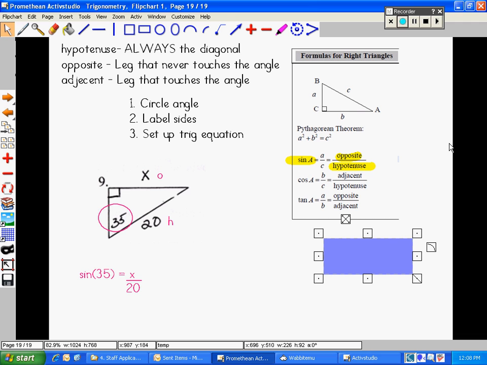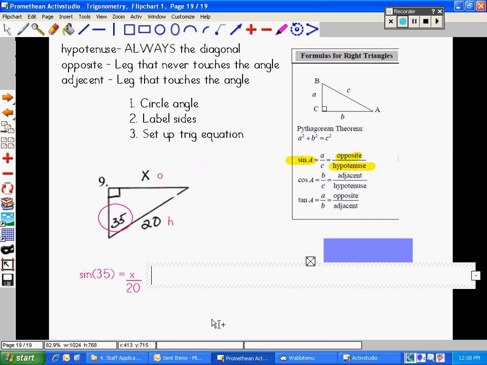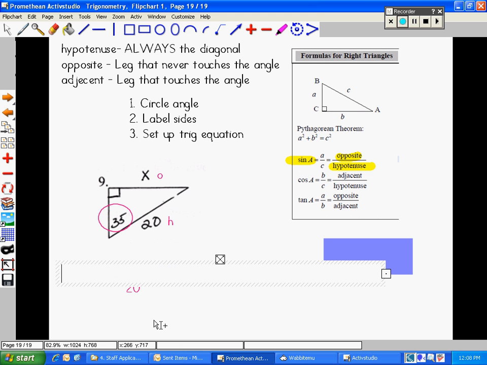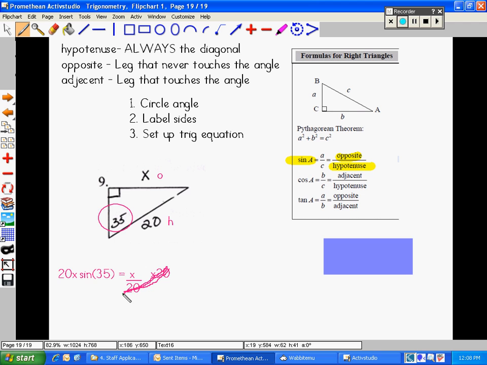So I need to multiply both sides by 20. So times 20 on this side, and times 20 on this side. The reason why I do that, when I multiply by 20 on both sides, is now I've canceled out these two 20s, so I'm left with x all by itself.